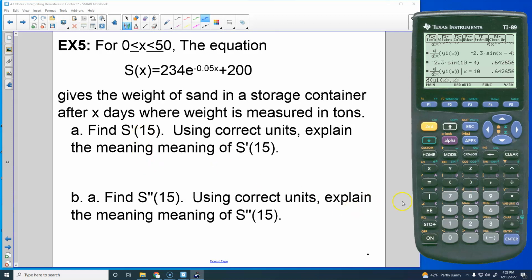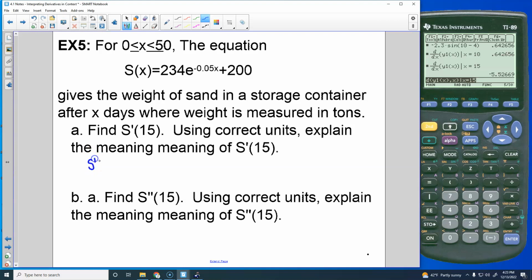And then we want to plug in 15, so we're going to do such that x equals 15. And that is going to give us negative 5.52669. So we would need to write down S prime of 15 equals negative 5.527. Round it to 3 decimal places, or you can keep the whole decimal if you'd rather.